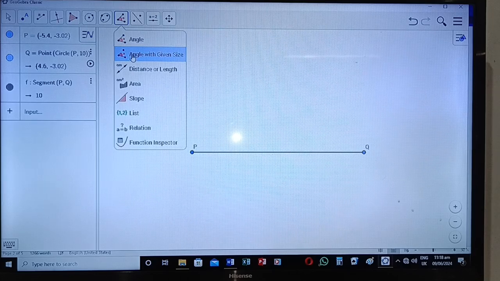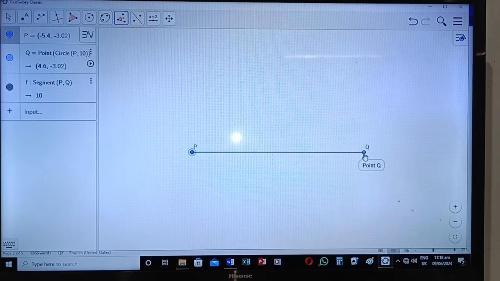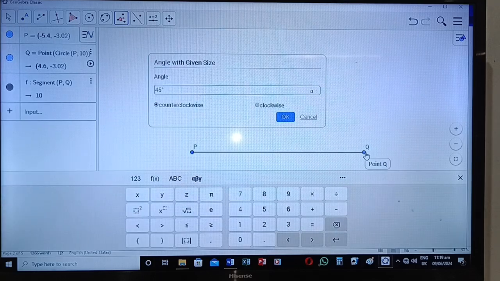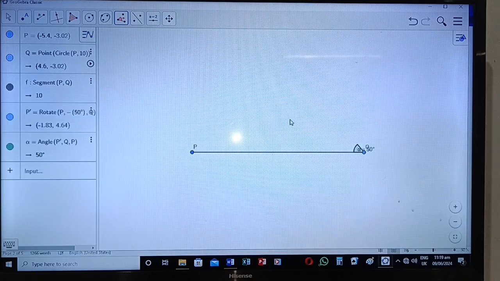So we need to come here and say angle with given size. We click, and we select a leg point, the vertex, and the angle. We feed the angle there, it's 50, and the angle will be at Q, and it would be clockwise, and say OK.